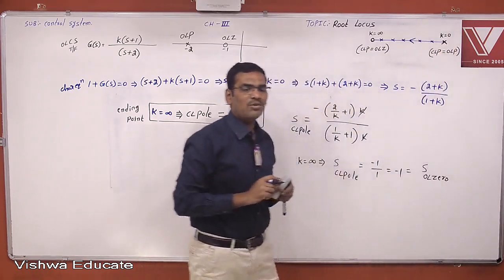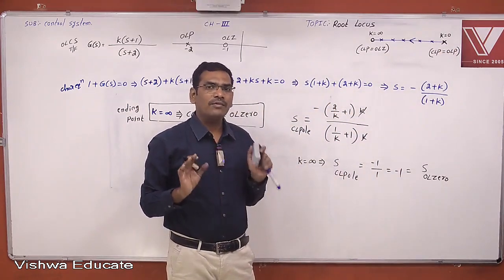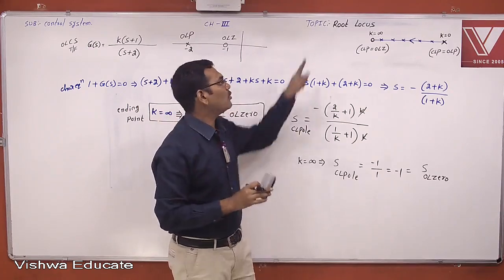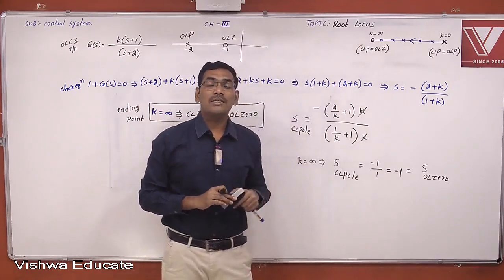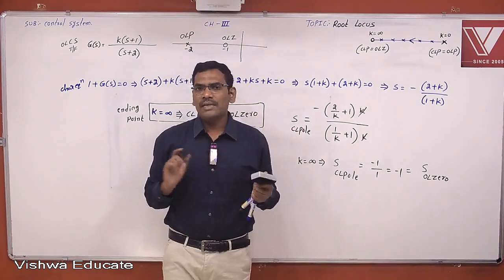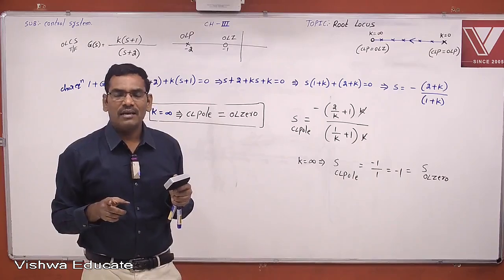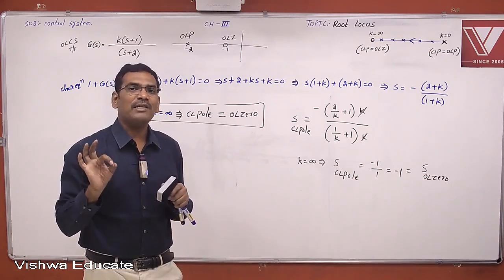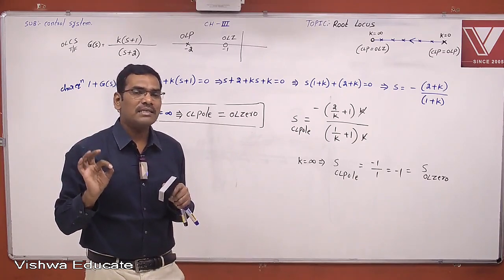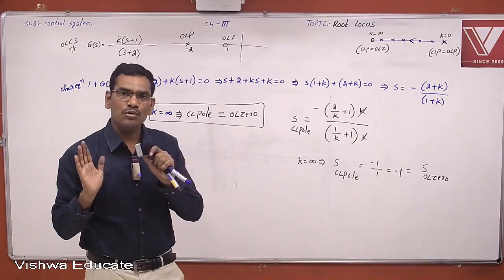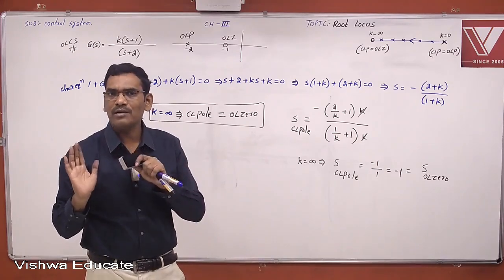Understand or not? So what we can understand is that we can take an open loop control system and try to draw the root locus diagram, which is the movement of the closed loop pole. Don't confuse, students. If you take an open loop transfer function, but you are drawing a diagram with respect to system gain k, in the presence of system gain k, it totally deals with the closed loop behavior only, closed loop control system only.